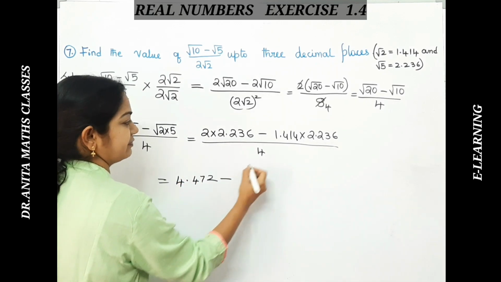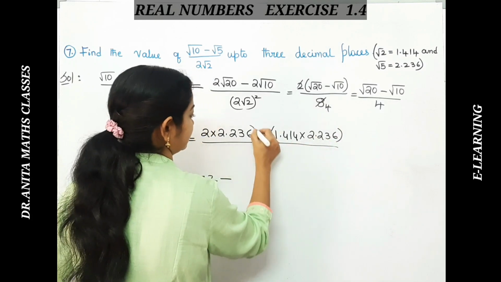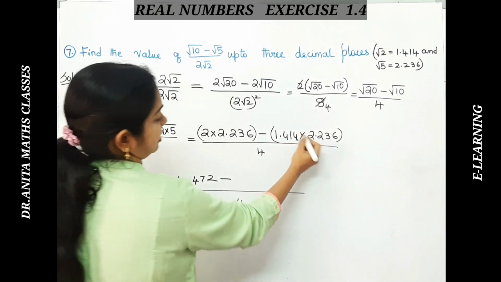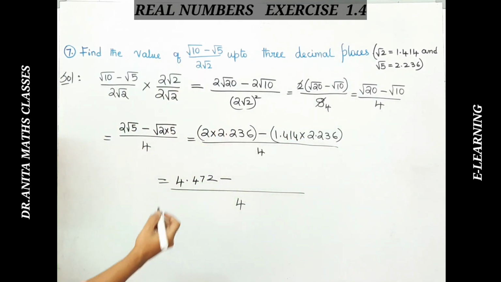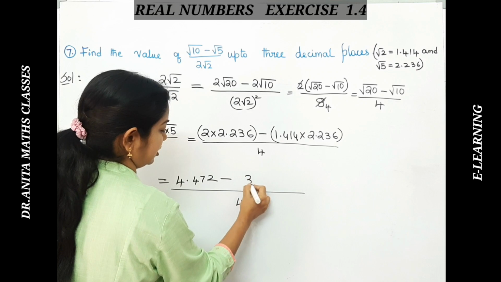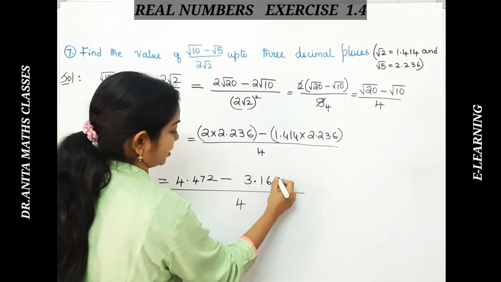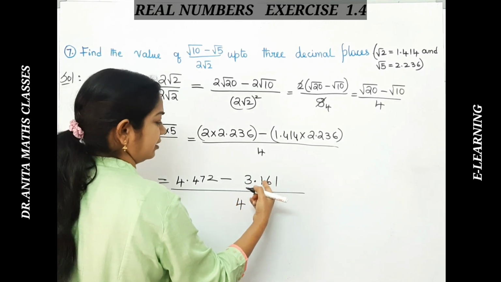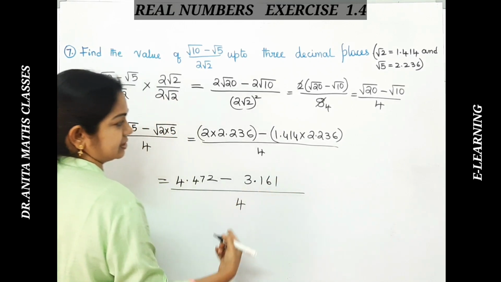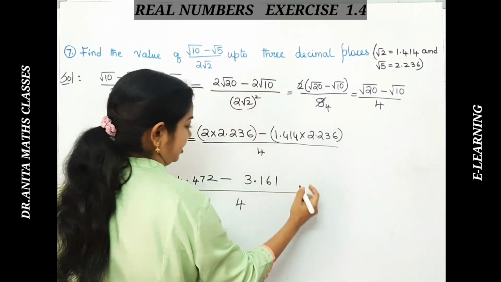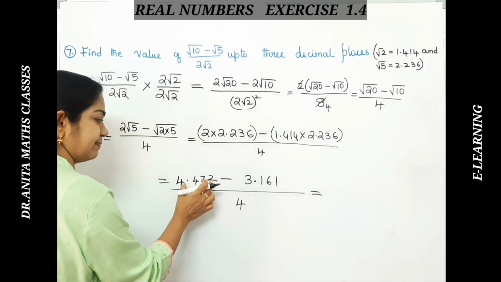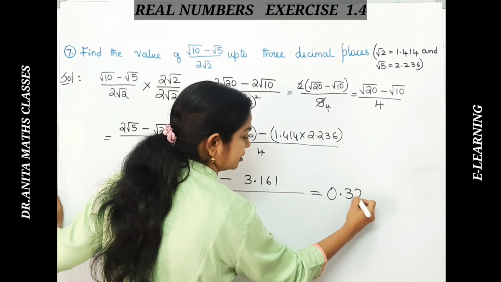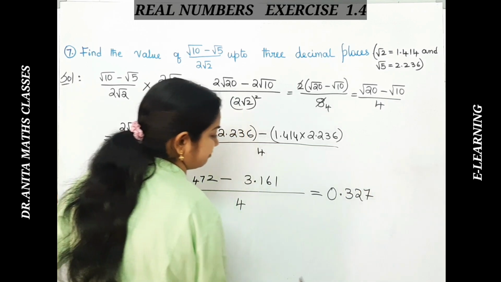And the product comes around 3.161. So do the simplification in the rough part, you will get 3.161. Restrict to only 3 decimal places because we need only 3 decimal places. So if you simplify, subtract it and divide by 4, you get 0.327. Do all these simplifications in the rough part.